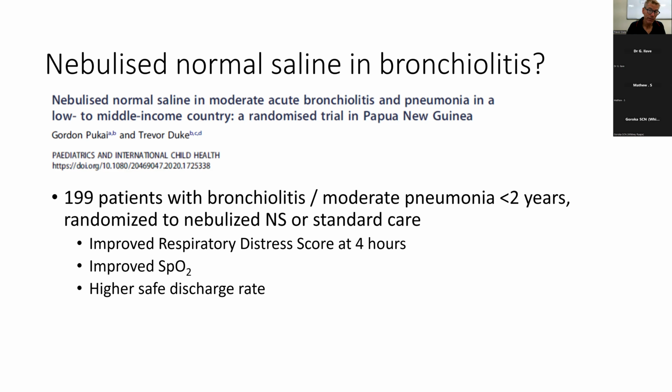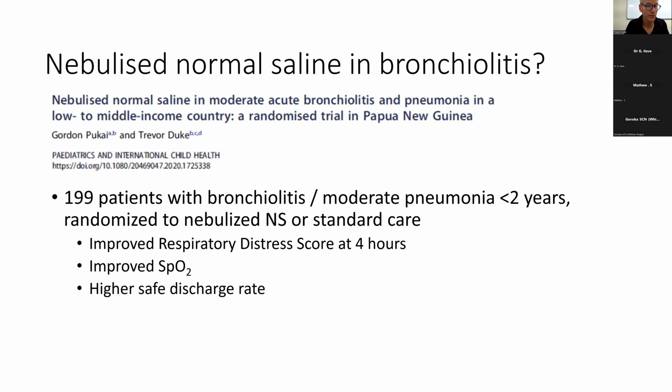So there's some evidence that even using nebulized saline in children with bronchiolitis can be beneficial. A couple of doses of that can be helpful. Again, I usually try salbutamol first and see if they're bronchodilator responsive, if they're over 9 months of age. Under 9 months of age, it's not really worth trying salbutamol, right?